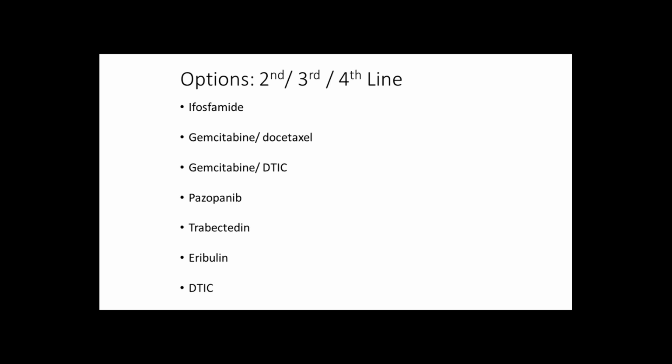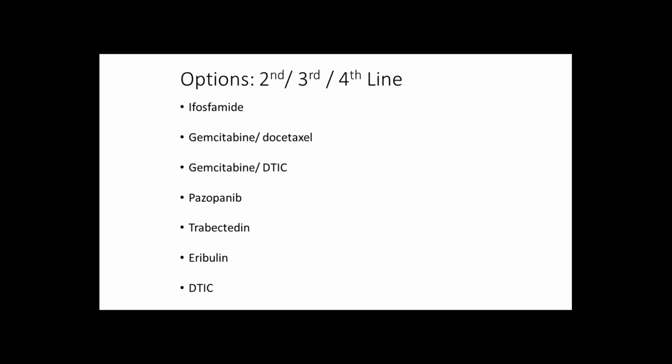Ifosfamide is an active drug, but of course has many potential side effects, including hemorrhagic cystitis, so blood in the urine, potential kidney failure, as well as an encephalopathy, so drowsiness, and in extreme cases, it can result in a coma. There are other combinations that can be used, so gemcitabine and docetaxel, gemcitabine and dacarbazine.